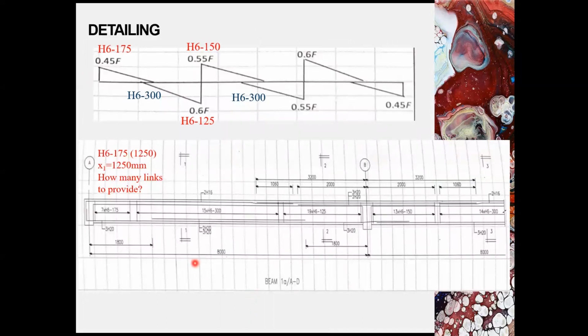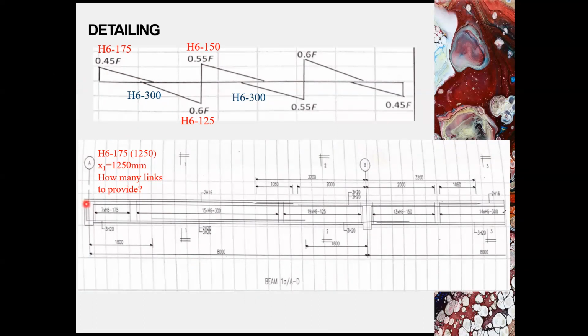Here I would like to show you the detailing for the link. The design output from the shear link and nominal link. The shear link is H6 75 at support A, H6 25 at left support B, and H6 50 at right support B. And the nominal link is H6 300.